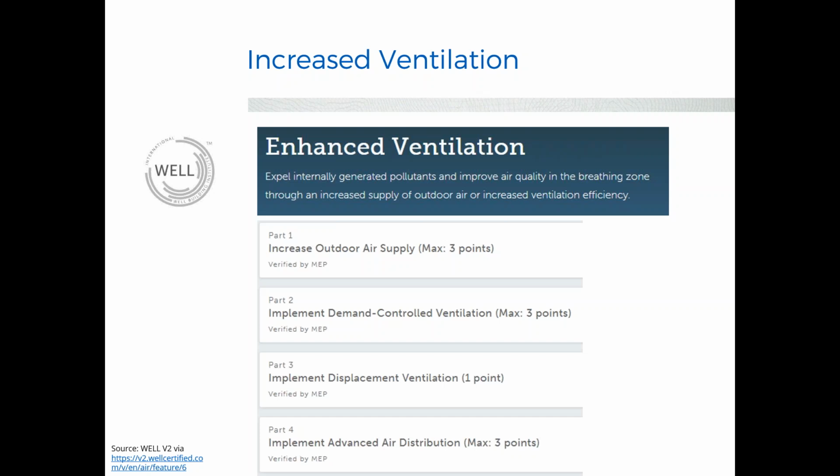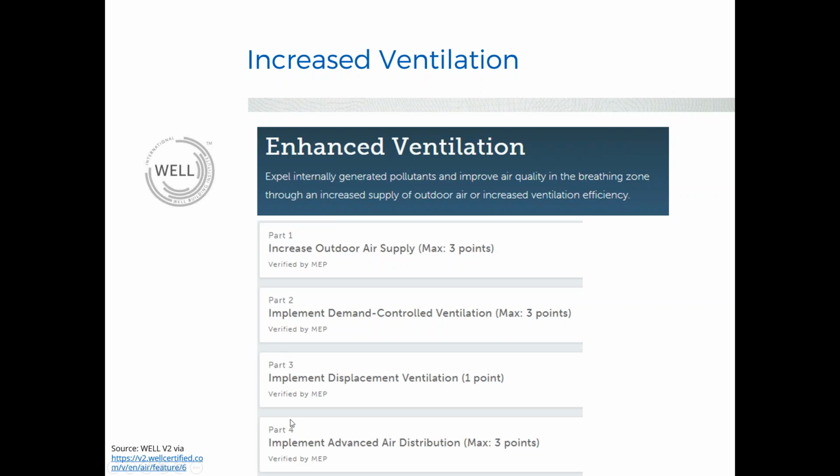And again, going back to that Harvard study, we saw that that does have implications for cognition in a positive direction. Then for part 3, we have displacement ventilation as another option. And I know that can be tricky based on the activities occurring in the space, like lab benches and placement of that and whatnot.